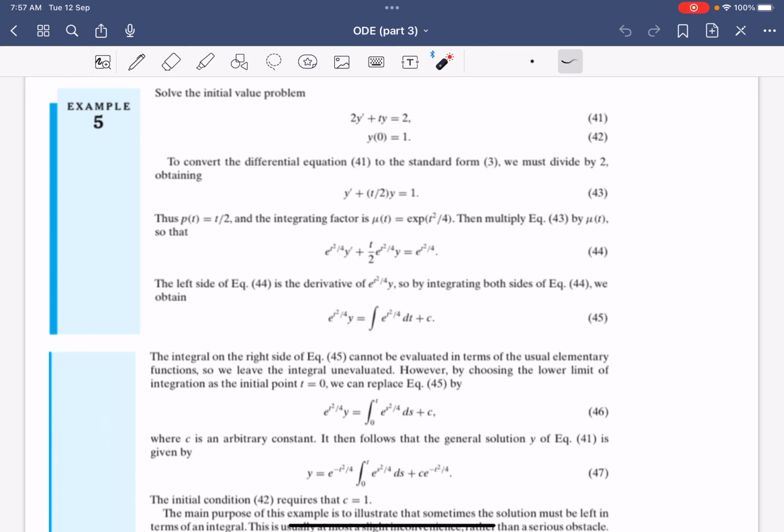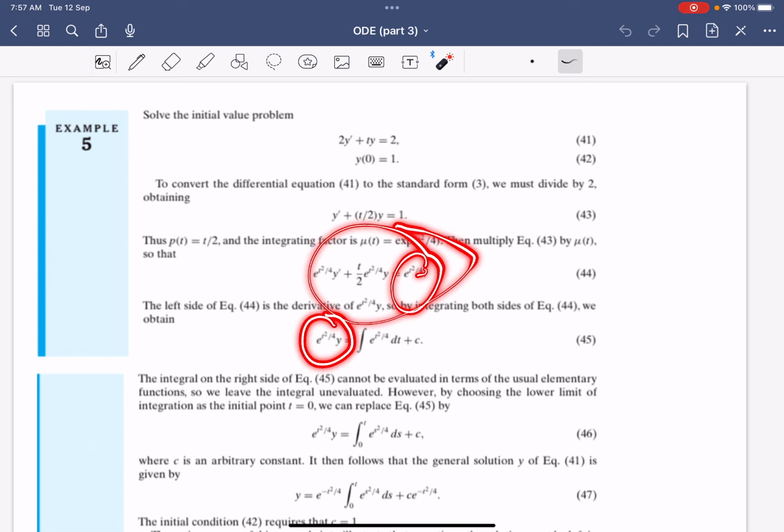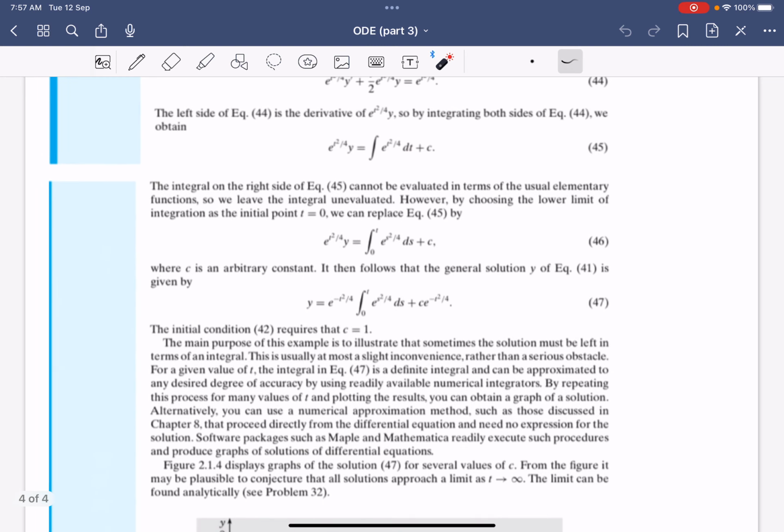Then we multiply it throughout the equation. This allows us to say that the left hand side is the derivative of e to the t squared over 4 times y. When we integrate, it becomes e to the t squared over 4 times y, equals the integral of this whole thing plus a constant. If we carry on, we see that the integral cannot be evaluated, so we can just leave the answer as the following.